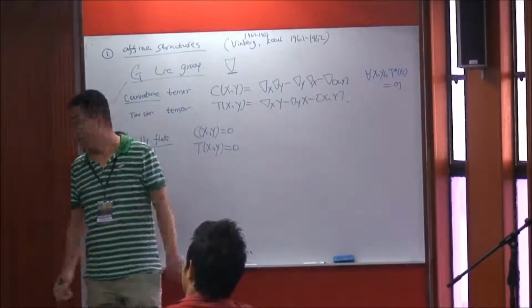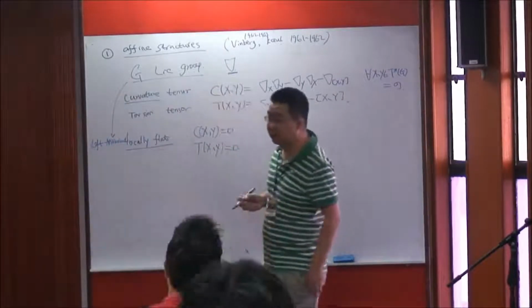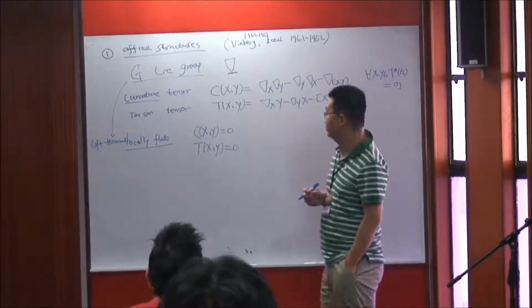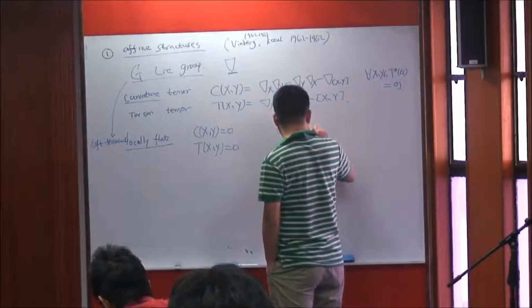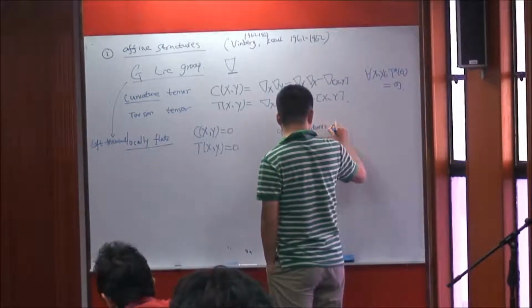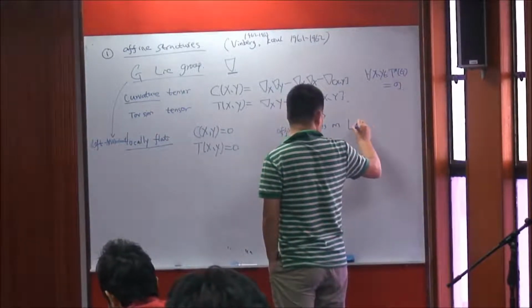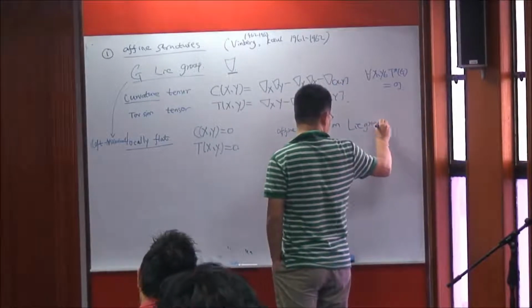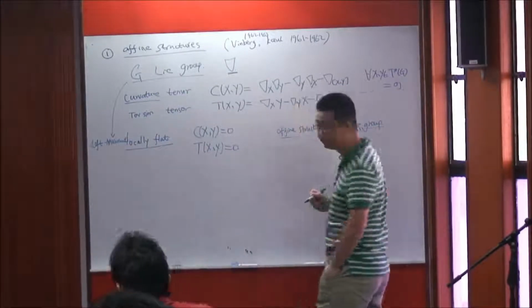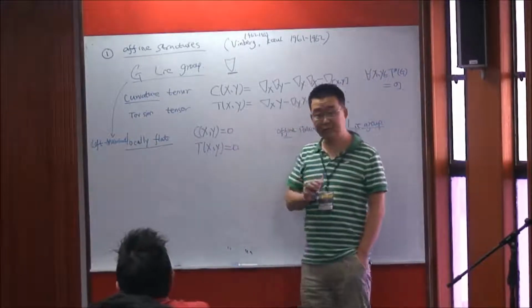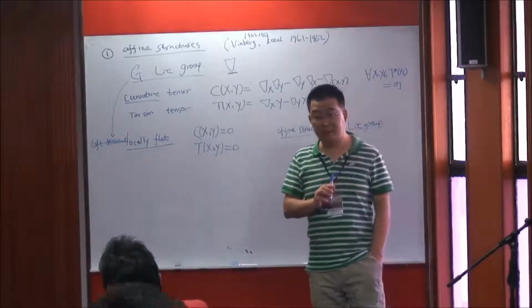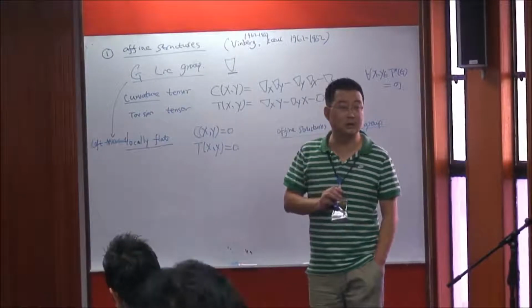So it's very simple. Such a structure is called the affine structure on the Lie group. When we give such structures, the natural question is whether such a structure exists.